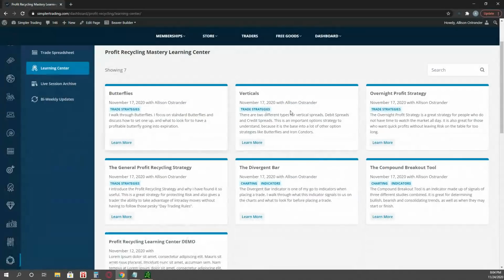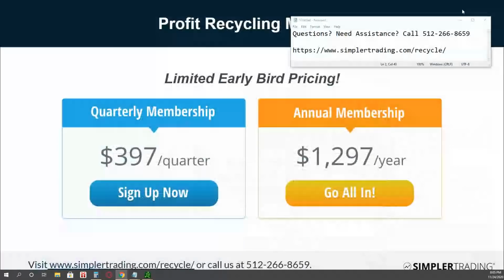They go over butterflies and verticals. They go over both the overnight profit strategy, so you have an idea of what that's about, as well as the profit recycling strategy. And they also go over the indicators. So if you want to know a bit more about the indicators before purchasing them, or maybe you have purchased them and want a little more education around them, those are great videos to look at and consider there as well.